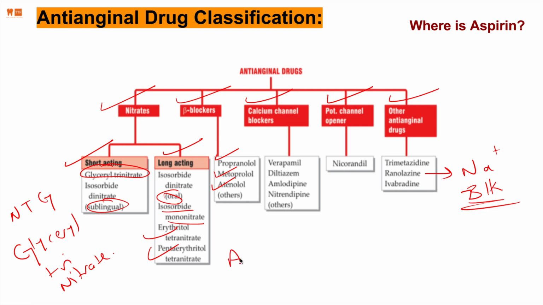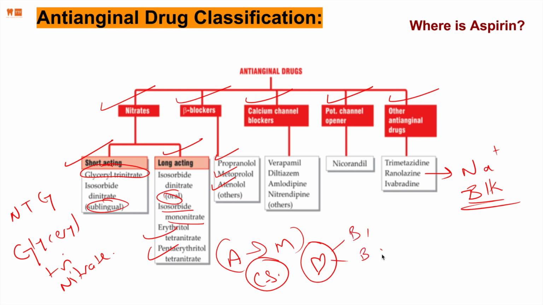So remember that A to M, these are cardioselective. So they work on the heart directly. And remember, beta receptors, B1, B2, generally are in the heart itself. So if you were asked, would you choose propranolol or would you choose metoprolol as a beta blocker used for anti-anginal purposes?